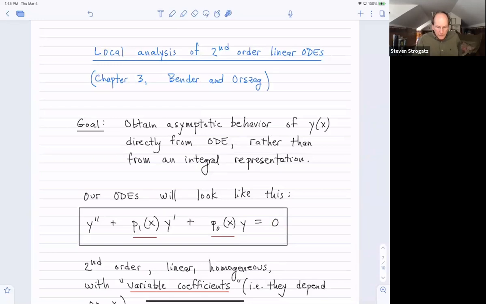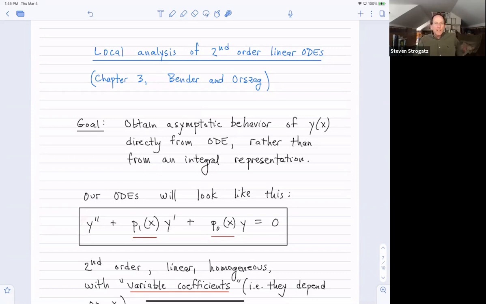And finally, I've got these variable coefficients, which following Bender and Orszag, they start numbering from the coefficient of y. So this one is called P0 of x. The next one is called P1 of x. And there's no loss in generality in getting rid of the coefficient of the y double prime, because if I had one, I could just divide it through and it would go in here and in here.